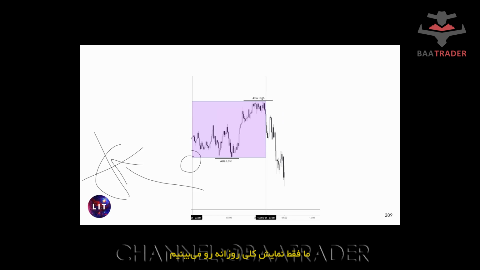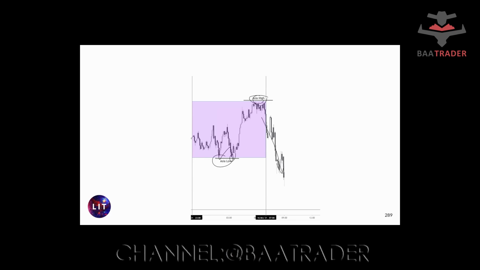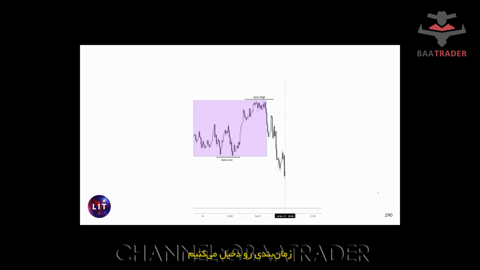We just see the overall intraday play: Asia high, Asia low, double bottom being induced, perfect, Asia high creating equal highs, false imbalance in here. Guess what? How do we know it's done? Are we done here? We can do one magical thing and just do something like this. We include timing.